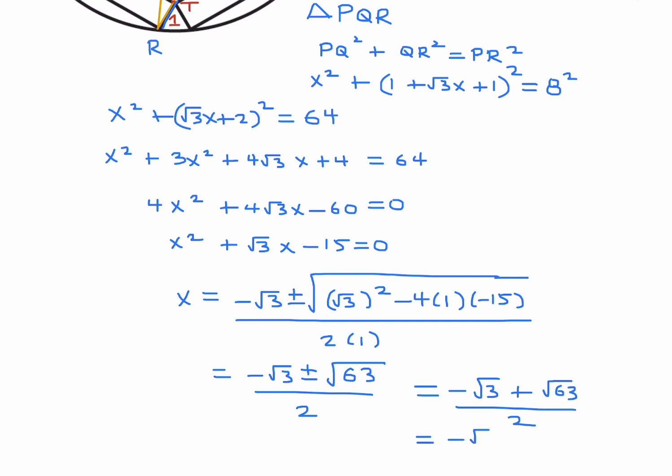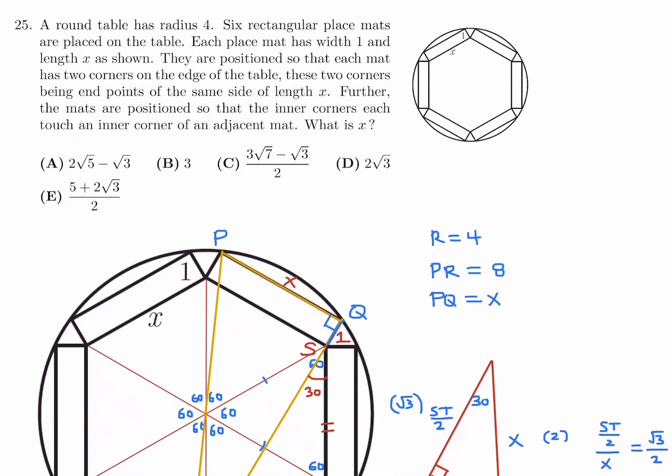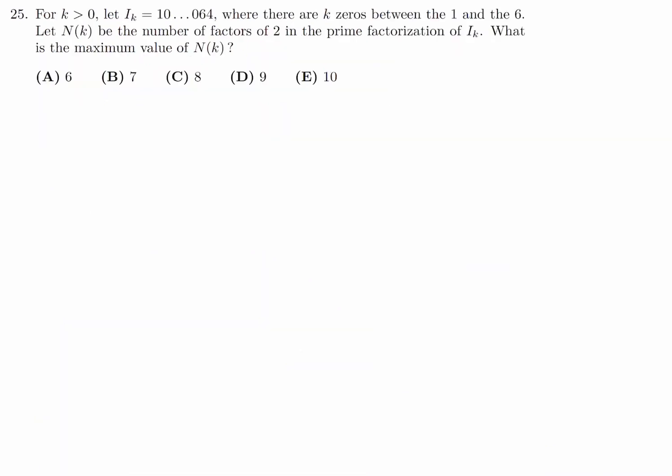And I think we can simplify the root 63. It's 9 times 7, so 3 root 7 all over 2. So there you go. Minus root 3 plus 3 root 7 over 2. And that is choice C for number 25.